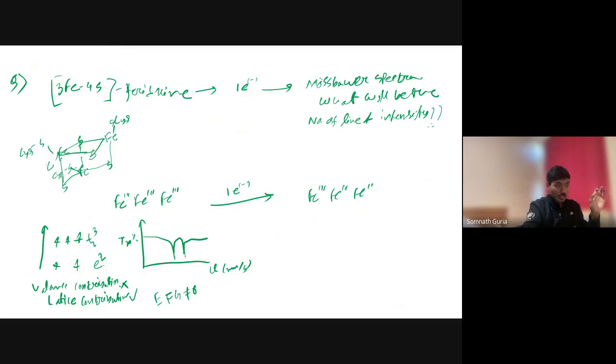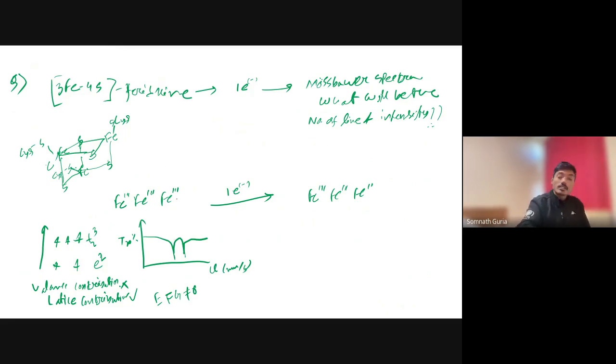That means valence contribution should be 0. As there are different ligands, there is a lattice contribution, so EFG is not equal to 0 and we get 2 lines.